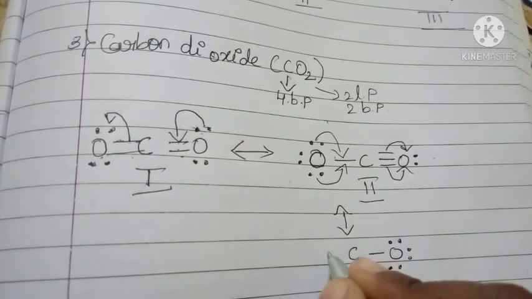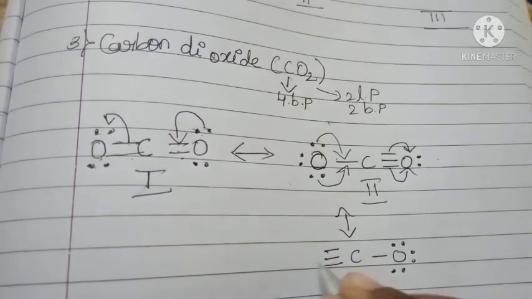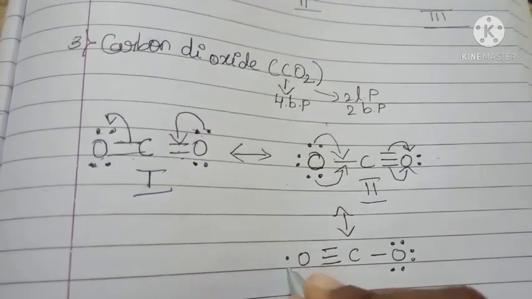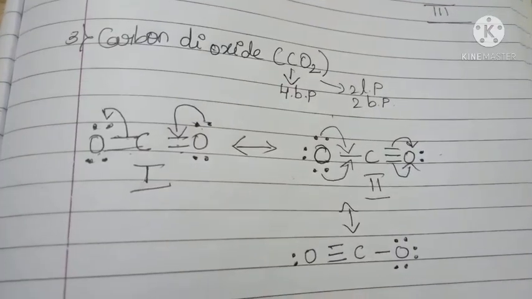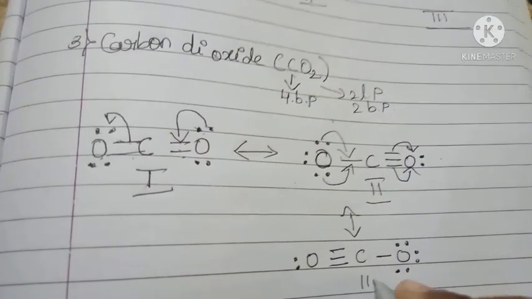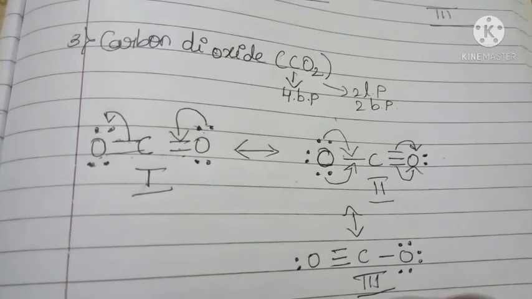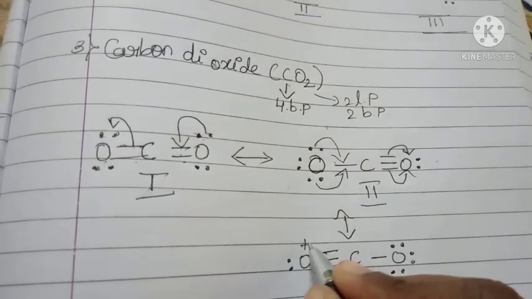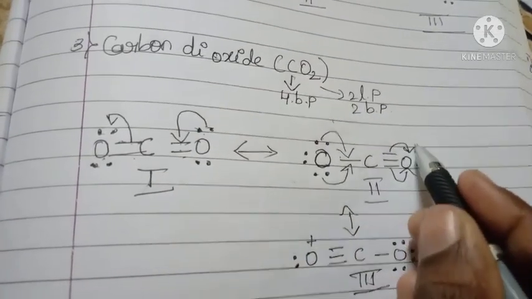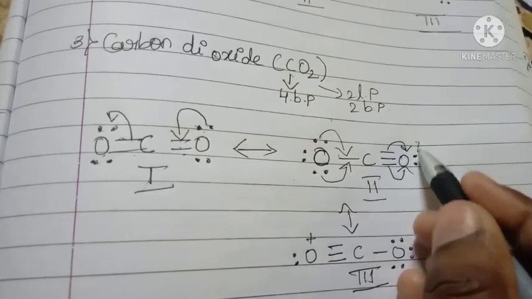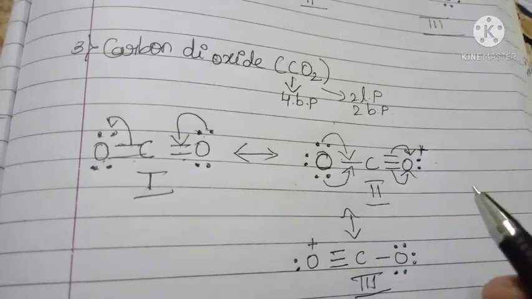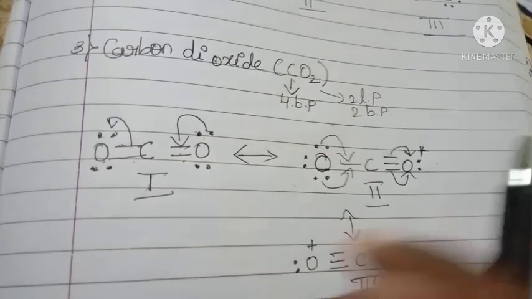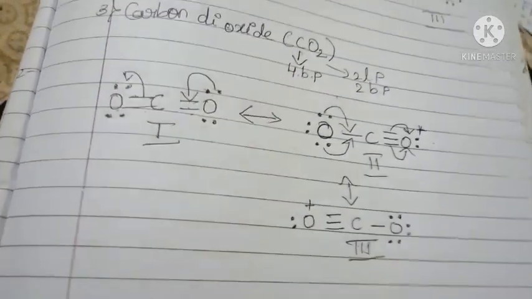Here 1 2 3 bond pairs, 1 lone pair. Okay, this will be the third resonating structure, so it carries a positive charge. So here also it carries a positive charge. Okay, this is all about the resonating structures of carbon dioxide.